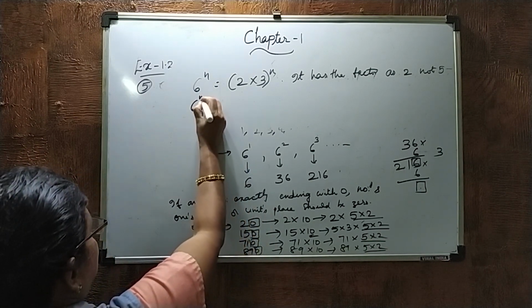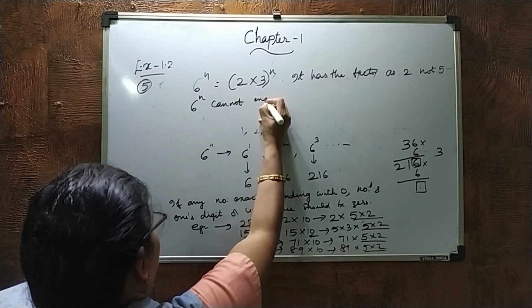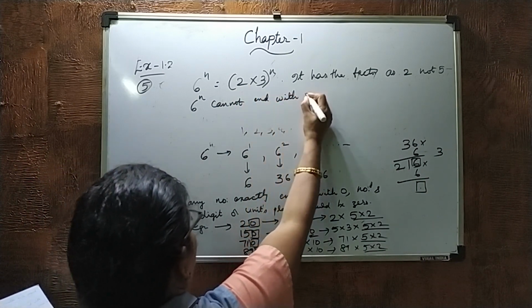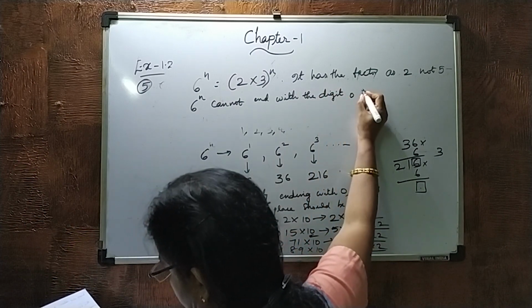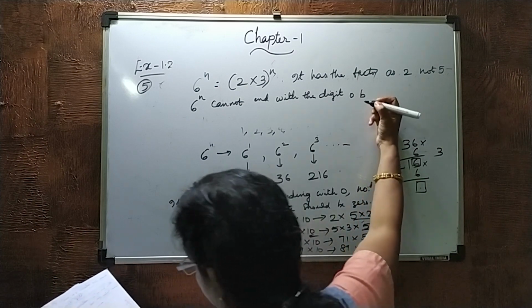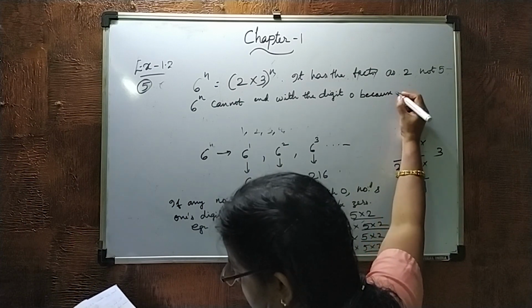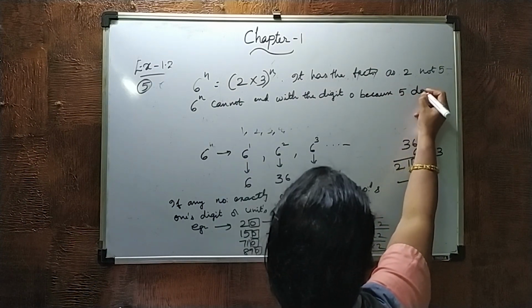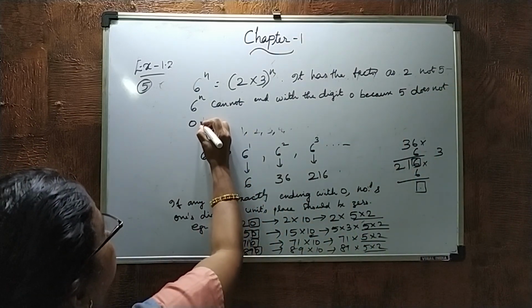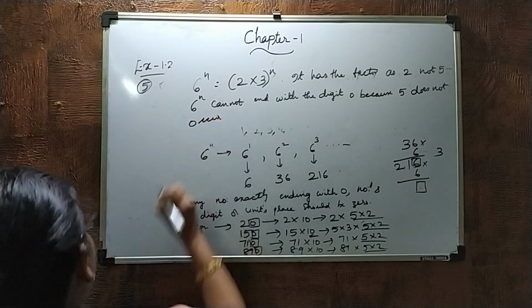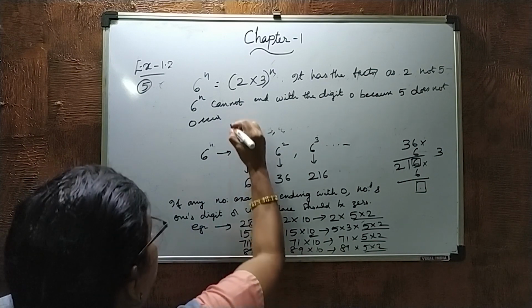Therefore, 6 raised to n cannot end with the digit 0 because 5 does not occur in the prime factorization of 6 raised to n.